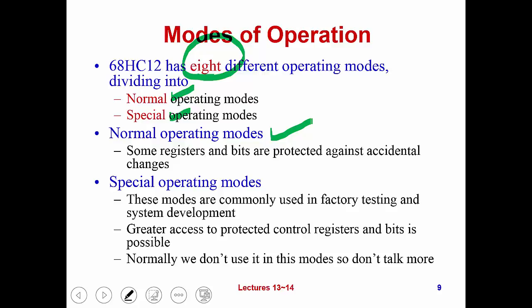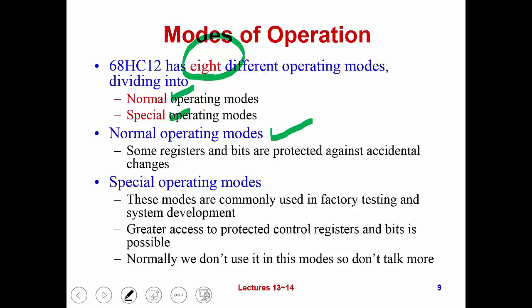When it's configured to operate in normal mode, some registers and some bits of registers are protected against accidental change. Some important registers and bits of information are never allowed to change, even if an accident happened during the operation of the microcontroller.